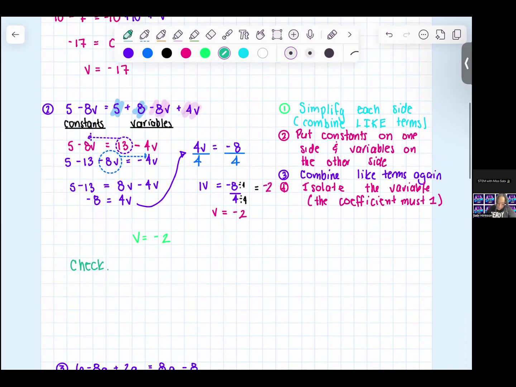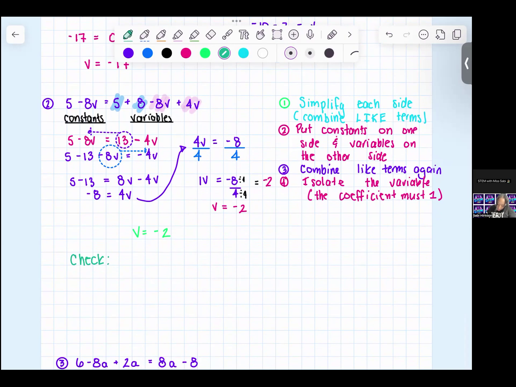Okay, so what does check your answer mean? The original expression I had was 5 minus 8v is equal to 5 plus 8 minus 8v plus 4v, right? But now I know what v equals because I figured that out. So v equals -2. So wherever I see v, I'm going to change it for -2, because now I know what v is.